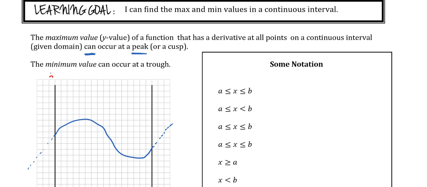So this would be my A, and this would be my B, if I'm looking at the x values between those. So obviously, in this interval, the maximum value of this function is here. And the minimum value is here somewhere.